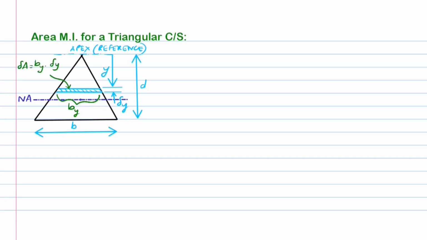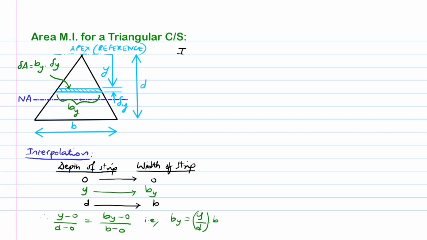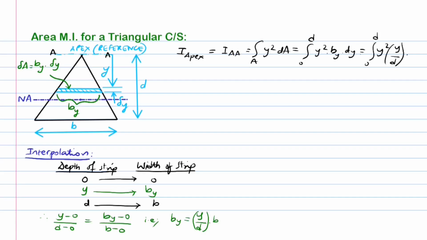For the arbitrary strip at distance y from the reference, the width b at y, denoted by b suffix y, is found from simple interpolation as y over d times b. The differential area del A of the strip is b at y times del y. Incorporating the definition of area moment of inertia about the horizontal axis passing through the apex and simplifying, we get the result as b times the cube of d over 4.